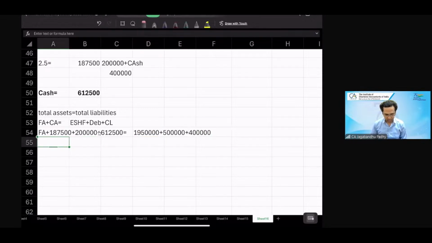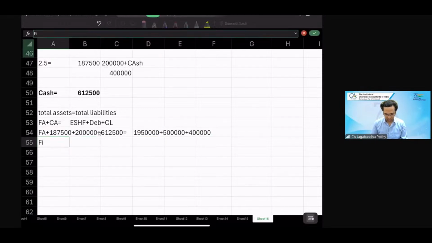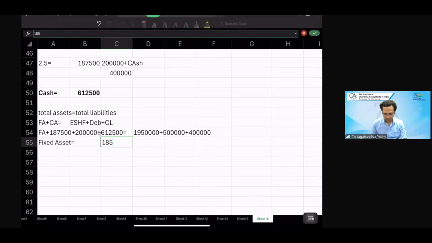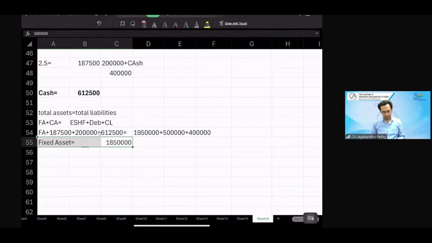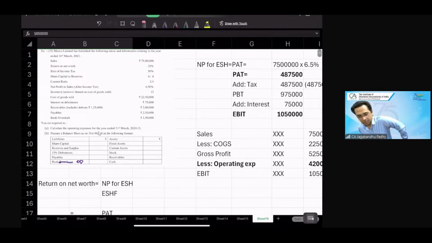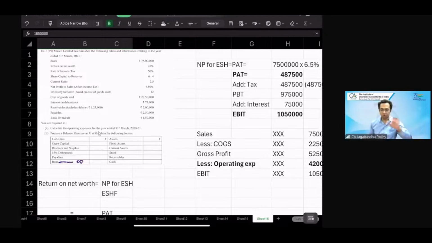On solving this, you will get the fixed asset also. What's the fixed asset? 18,50,000. Correct. So our balance sheet items are fully matched, and obviously the balance sheet is going to tally automatically.